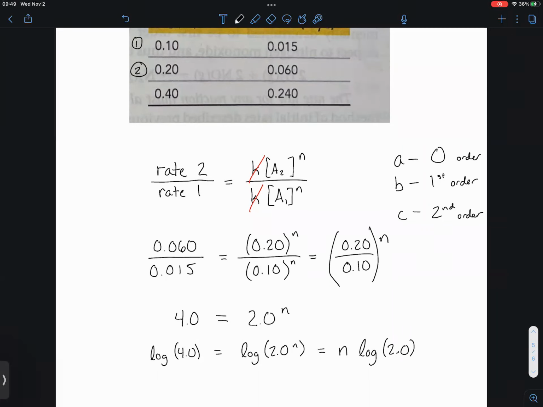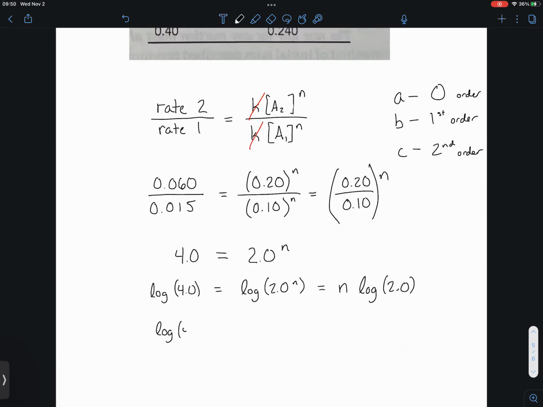All right. And so then we can rearrange. We take the log of 4 divided by the log of 2. That's equal to n. If you punch that into your calculator, you would see that n is indeed 2. So this is a second order reaction here.